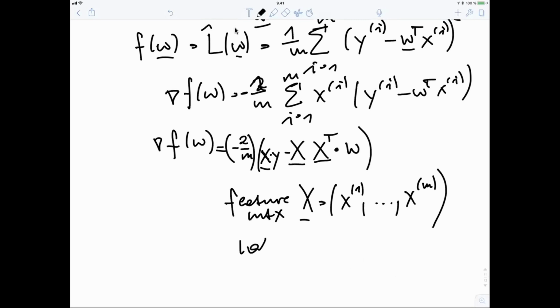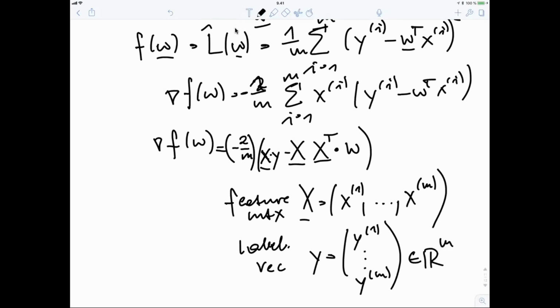And then we have the label vector y, which is obtained by stacking the labels of each data point into a vector. So y is in R^m, and X is a matrix of shape d times m.